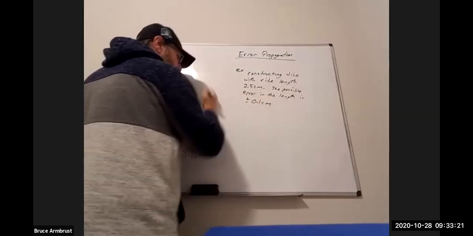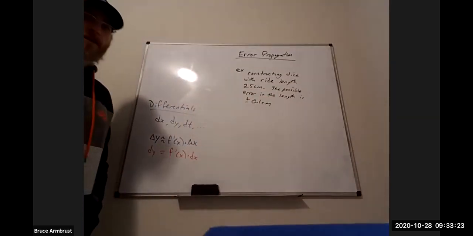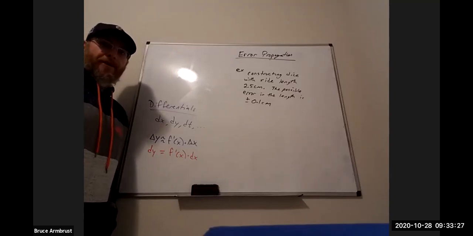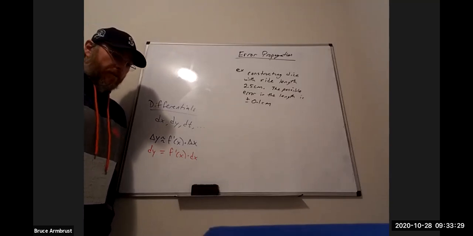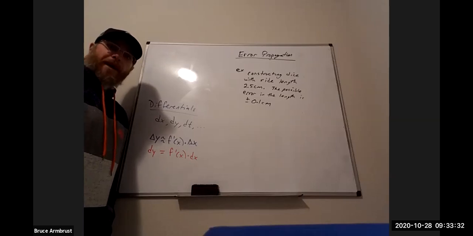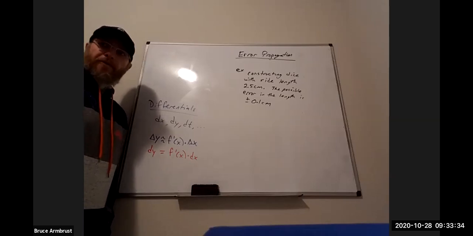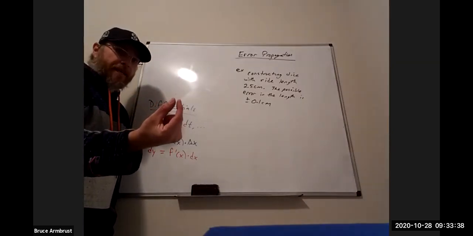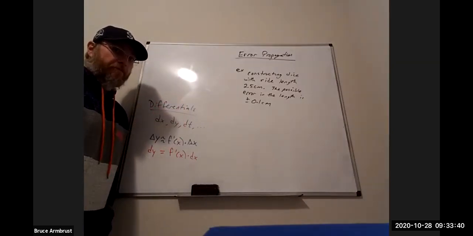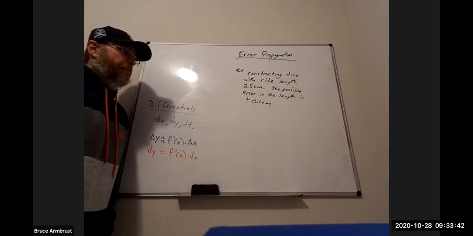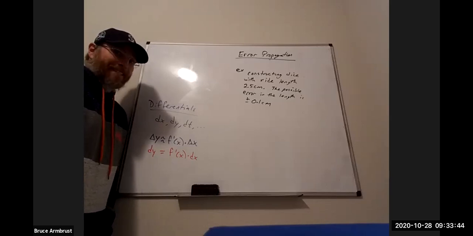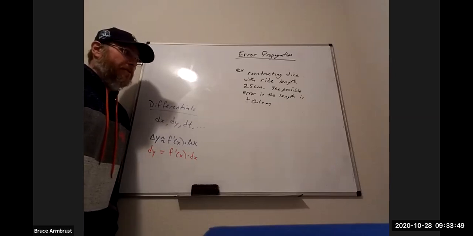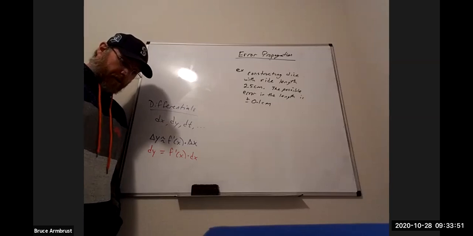Let's say that we're going to be off by a millimeter potentially. Okay, so plus or minus 0.1 centimeters. I don't know if you have a feel for how long a millimeter is, but a millimeter is tiny. It's actually pretty small. So that's decent, that's not terrible, but let's just say that we could potentially be off by 0.1 centimeter.